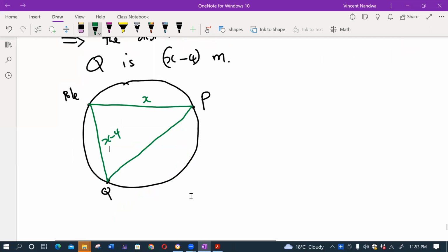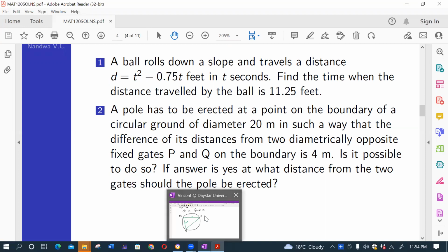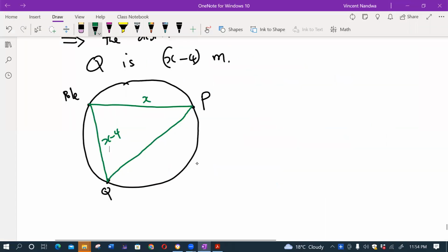So remember, the question was a pole has to be erected at a point on the boundary of a circular ground of diameter 20 meters in such a way that the difference between its distances from two diametrically opposite gates P and Q on the boundary is 4. So remember, P and Q should be the diameter of the circular ground.